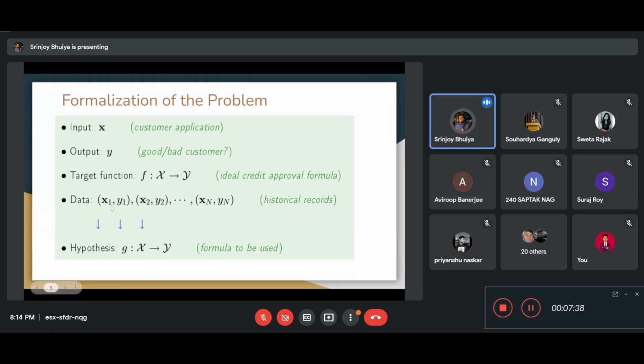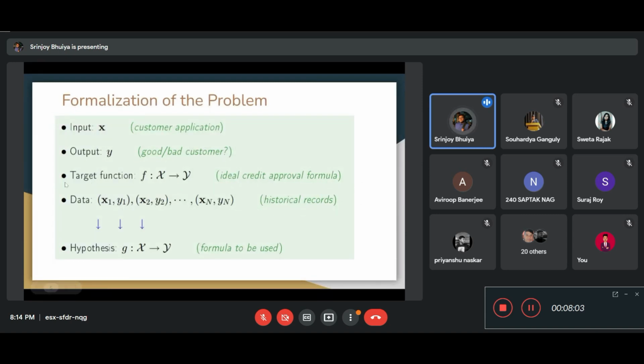As you can see, we have multiple sets of data, like x1, y1, x2, y2, and we continue till xn, yn. These are also known as historical records of the problem statement we are trying to solve. Then we try to come up with another function called g, which is the mapping between the new x values and new y values that we will find later.